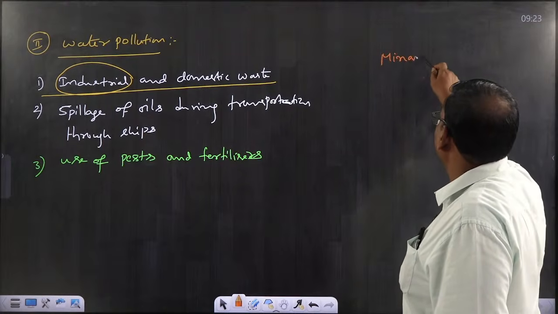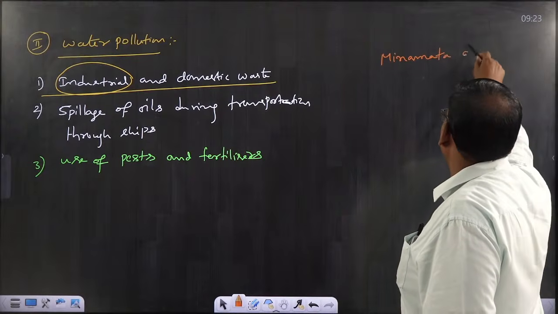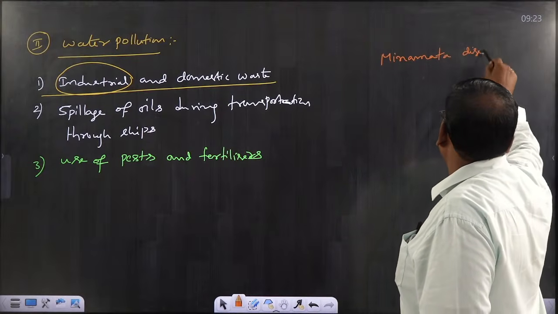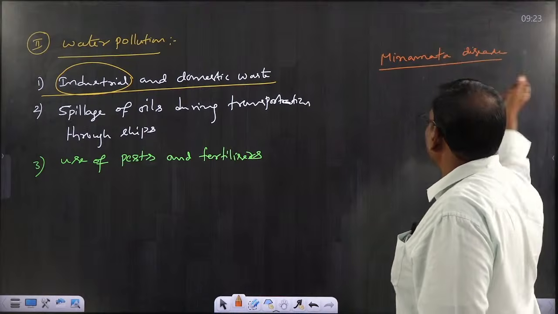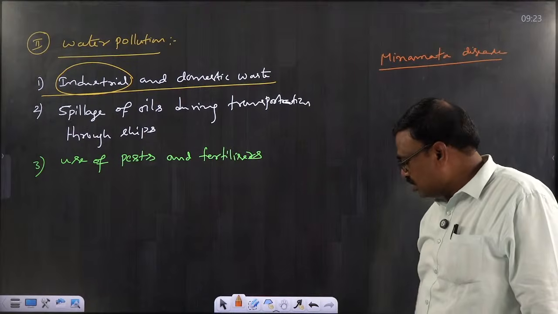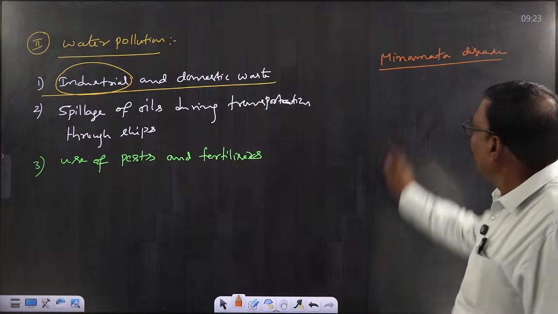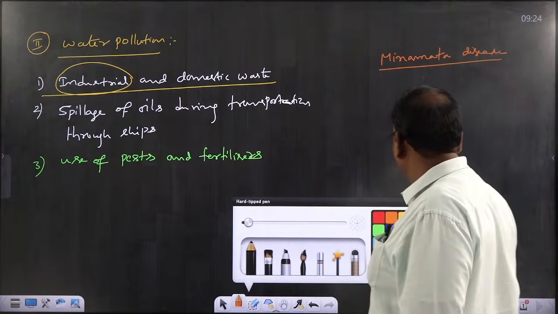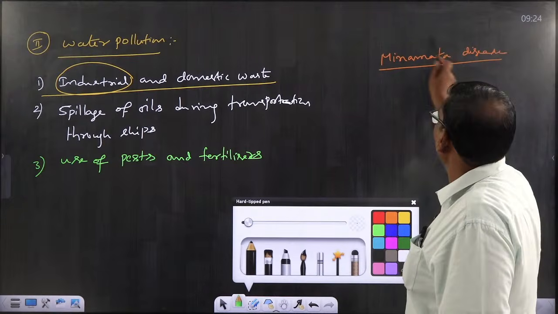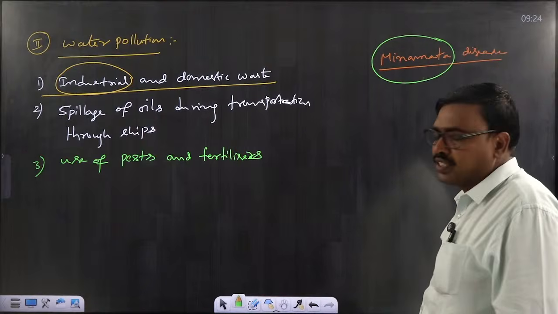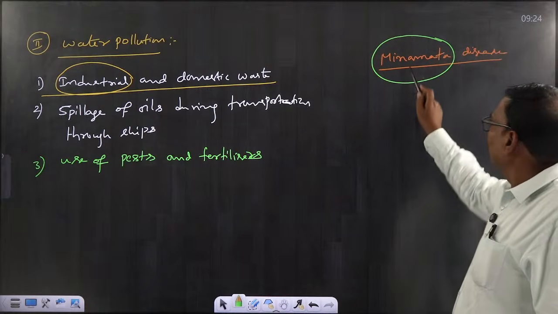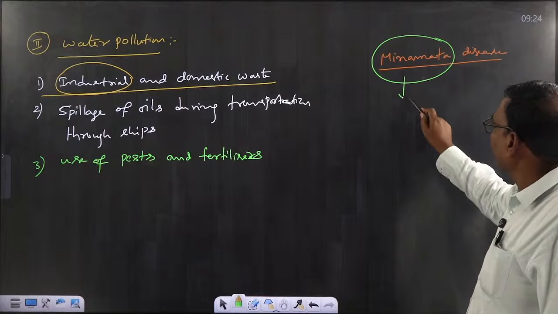Minamata disease. Actually, Minamata disease was observed in Japan. Minamata is one of the bays of Japan. We know that Japan is a combination of various islands. In that, Minamata is one of the bays.